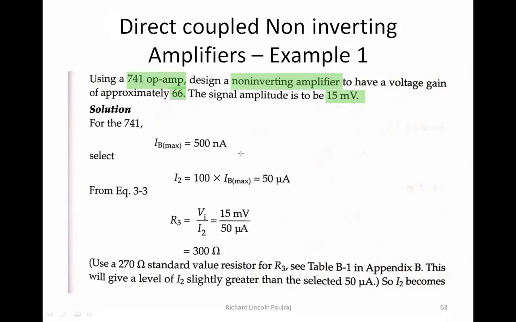I don't know if you can remember when we were doing this bias currents, right? Input bias currents, we had seen this number. How many of you can recall 500 nanoamps? Can you recall when we were doing this input bias current, right? We were doing this biasing. There, we saw these values. Can you remember? Yes, no? Okay, so let me show you.